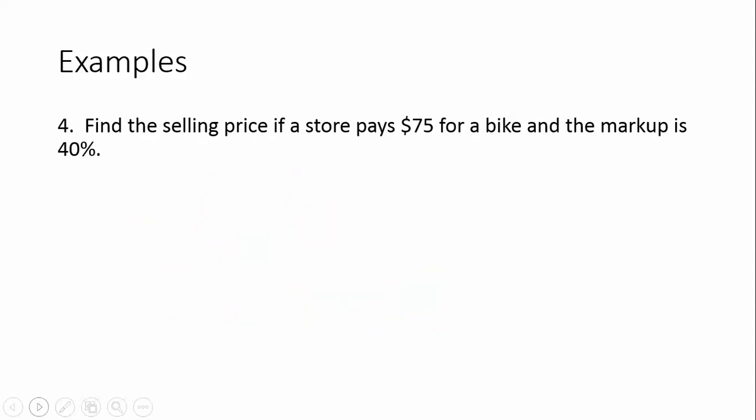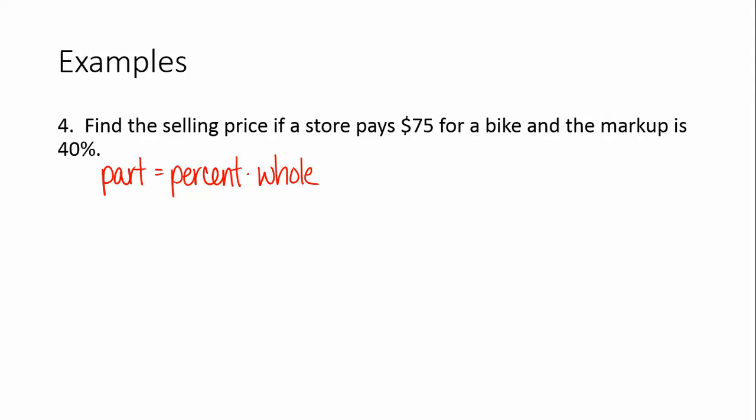Let's look at another example. Find the selling price if a store pays $75 for a bike and the markup is 40%. So again, we want to figure out what the markup is in a dollar amount. So we have part equals percent times whole, and you should have this equation written in your 7.5 notes.